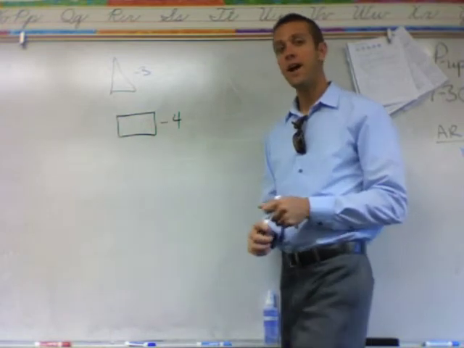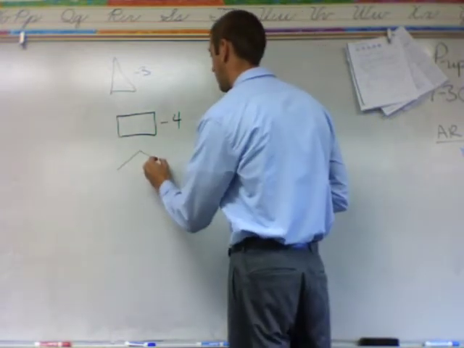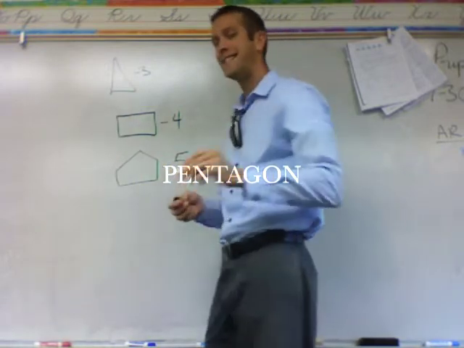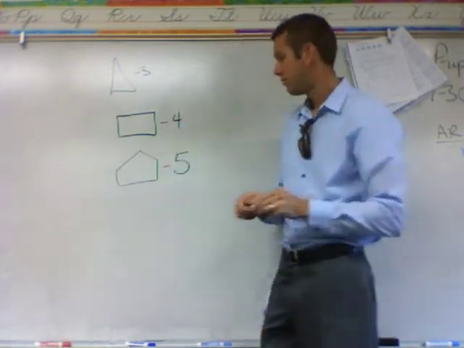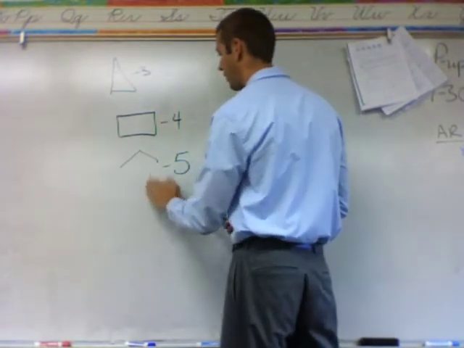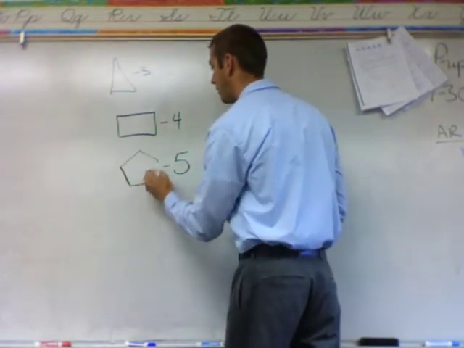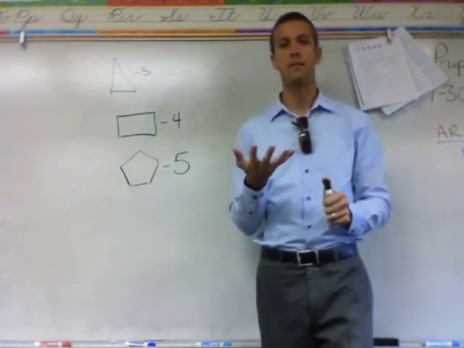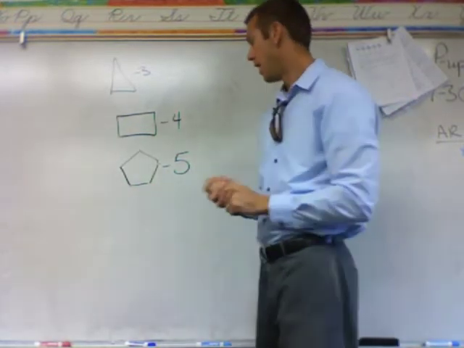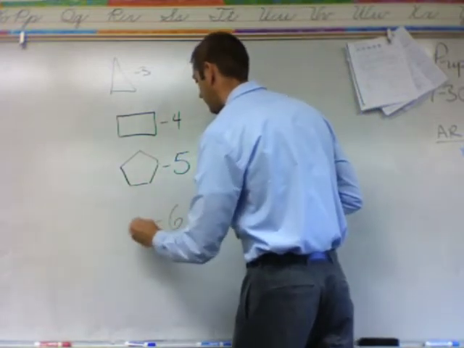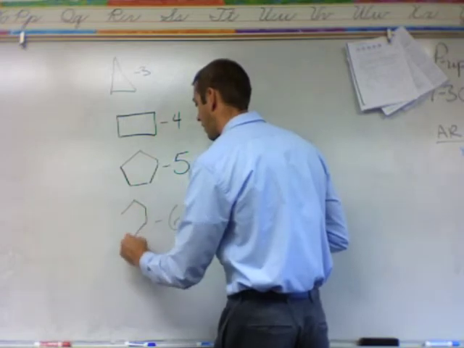Five sides is a pentagon, which, if I change the shape a little bit, would look similar to our Pentagon in the United States. Five sides, think of the Pentagon building. Six sides would be a hexagon.